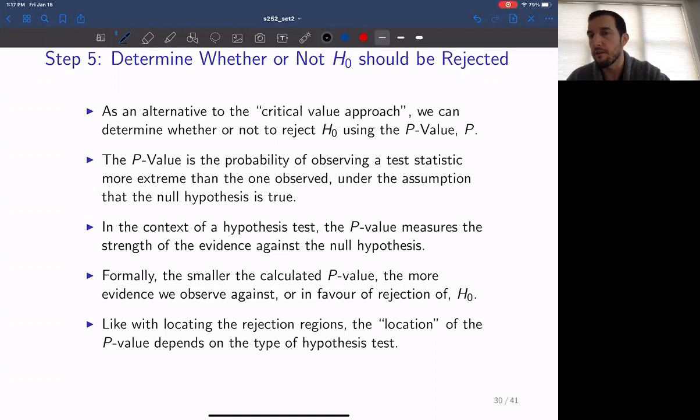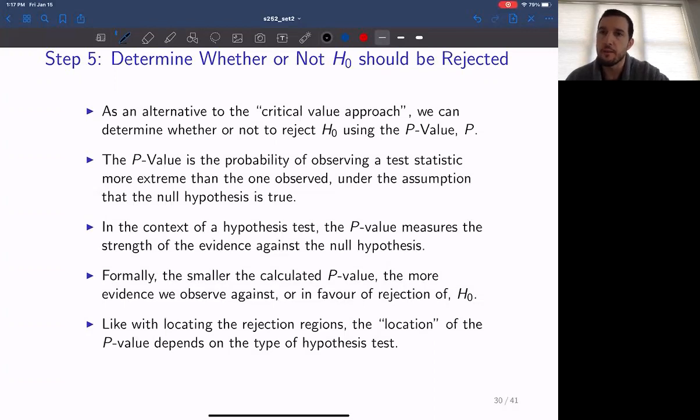Is that small enough to warrant rejection of the null? It's arbitrary, I guess. Or let's say the p-value is 10%. This is saying effectively 1 in 10 times this event is going to occur. Is that small enough to say that it's rare? In order to determine if the p-value is small enough to reject the null, we establish a cutoff point. That cutoff point is the significance level.